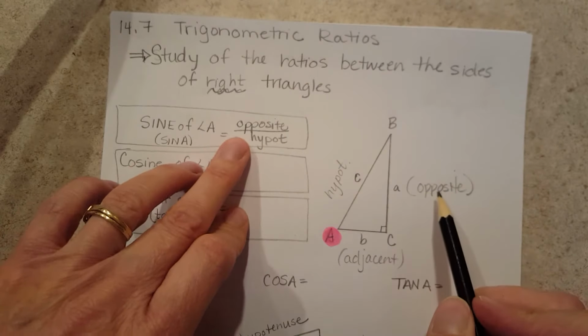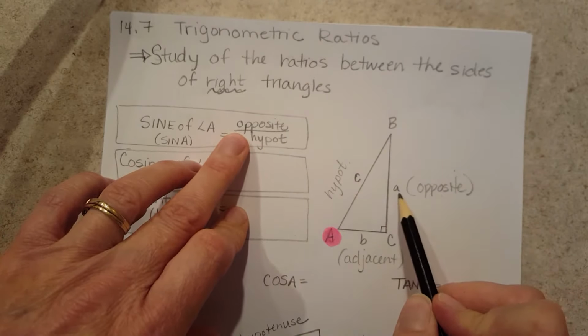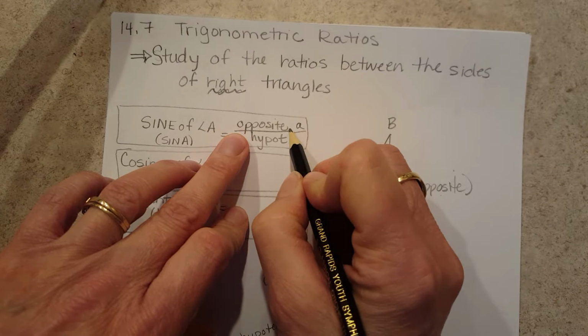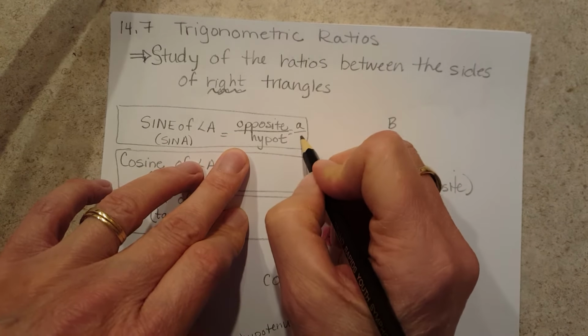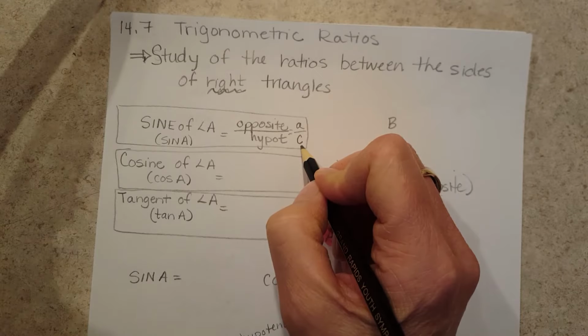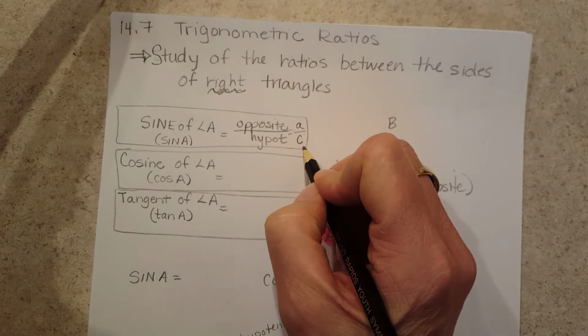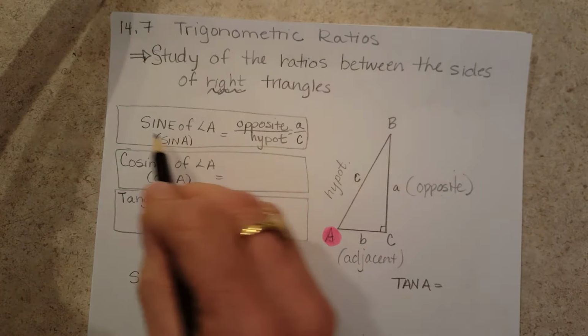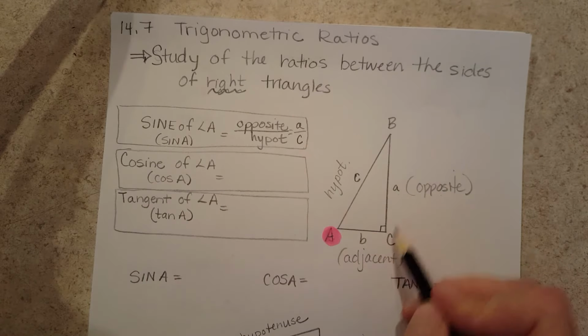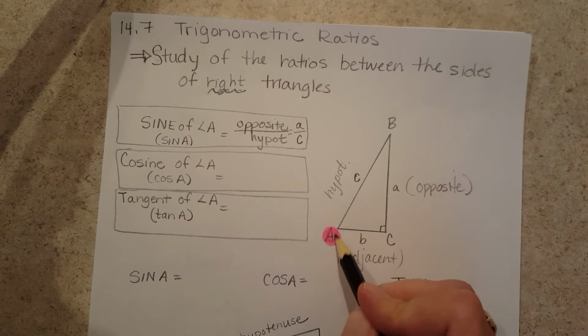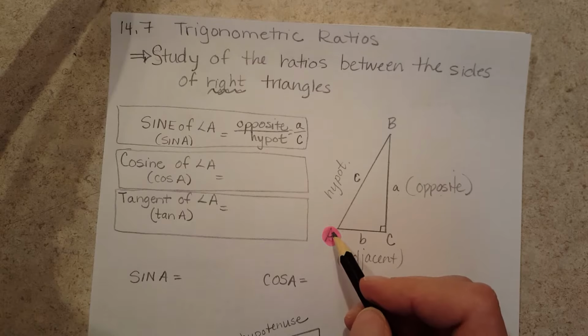That ratio. So here we go. Opposite would be A over hypotenuse C. So in this situation, A over C would be your ratio of sine of angle A. Now again, angle B is going to be different, right? We're talking just about angle A.